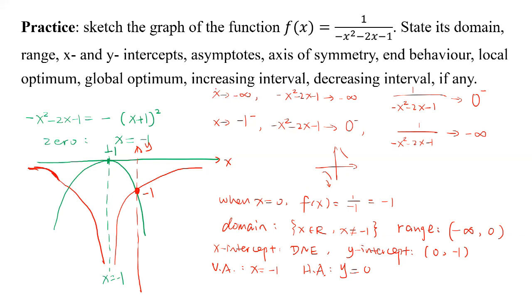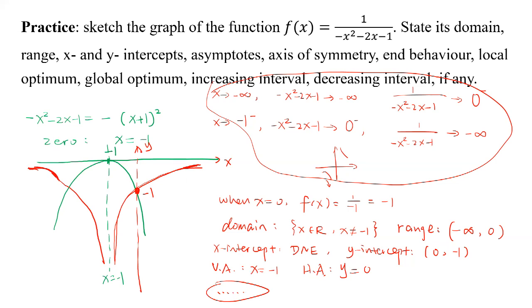Okay, and end behavior, we have already analyzed the end behavior on the left branch, right? But you need to add the end behavior on the right branch as well. So I'm not going to write it here. You need to write this by yourself. Local optimum: there is no local optimum nor global optimum.